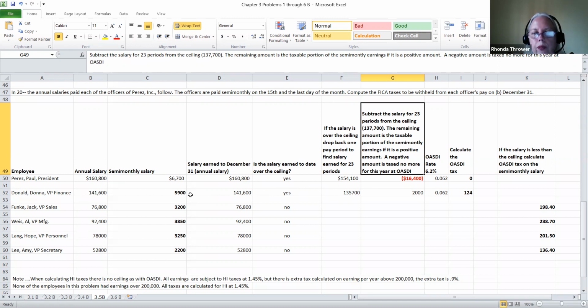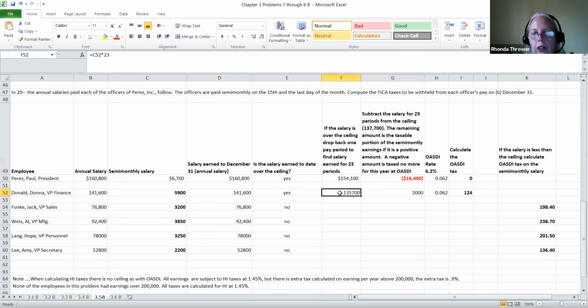So we would multiply 5,900 times 23 to get 135,700. 135,700 is below 137,700. In other words, we put in the ceiling, subtract out the amount of pay at 23 periods, and we got a positive amount that time. And that means we owe taxes on $2,000. So 2,000 times 6.2% is $124 that we take out for OASDI.